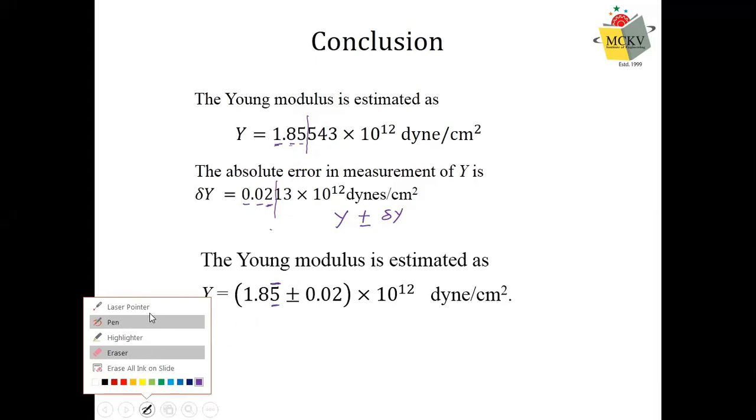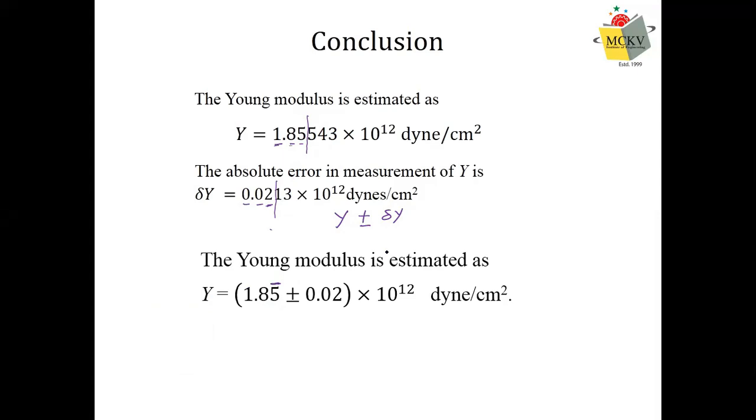This is our reported result, the reported value of Young modulus. When you are reporting your final value of the Young modulus, you are not actually giving a single value. Rather, a range is specified when you write it in this way. So what you are reporting is 1.83 into 10 to the power 12 to 1.87 into 10 to the power 12 dyne per centimeter square.